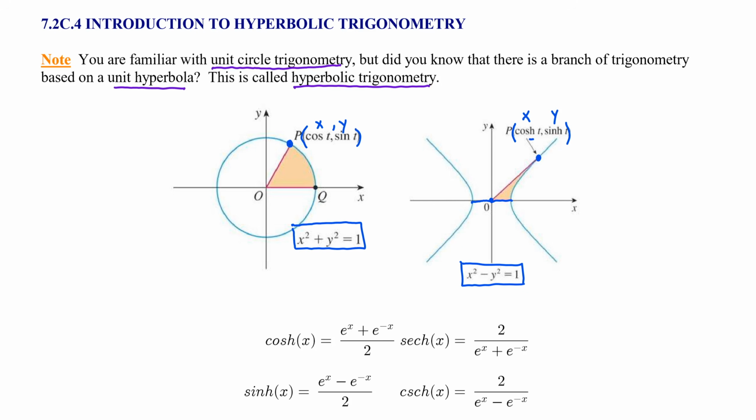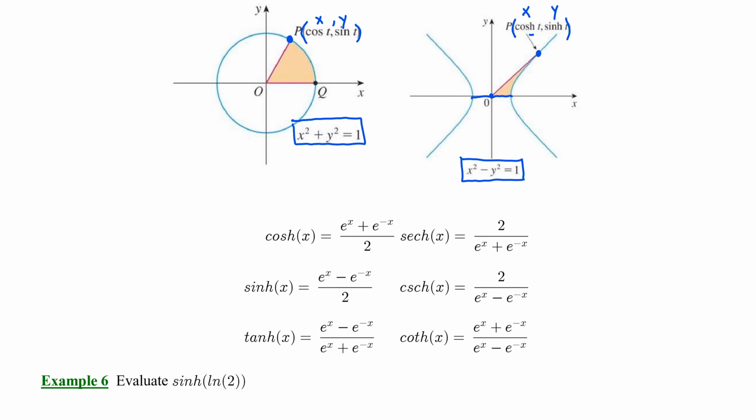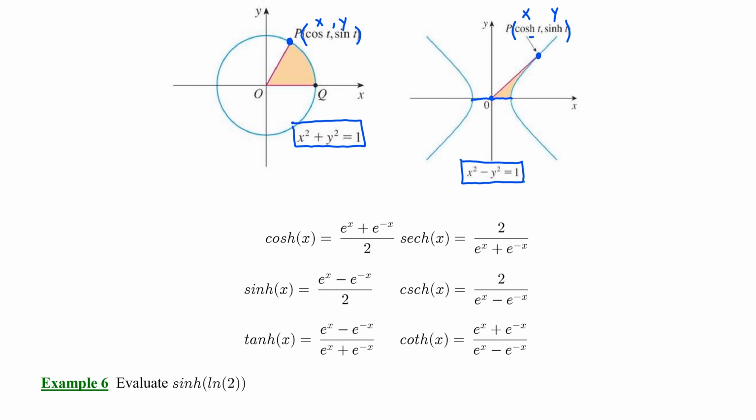Now, believe it or not, just like with unit circle trigonometry, there are identities, or equations expressing relationships, between our hyperbolic trig functions. Now, these hyperbolic trig functions can also be defined in terms of natural exponential functions. So these 6 formulas that you see here are the definitions of our 6 hyperbolic trig functions in terms of the natural exponential function.